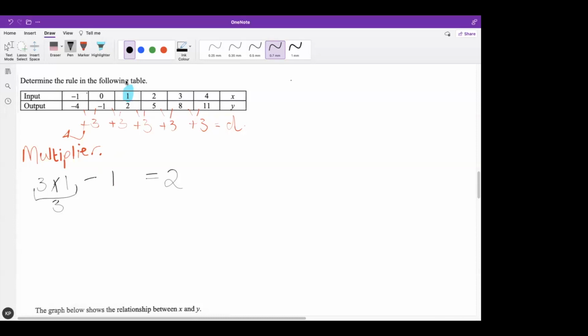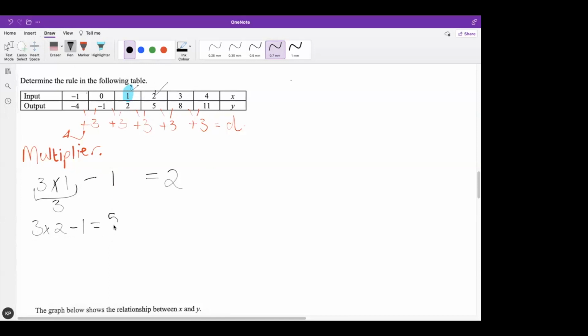Okay, so we tested it with an input of 1. Let's use this new method with a different input. Let's use the input of 2. So if I say 3 times 2 minus 1, how much do I get? What's 3 times 2? Minus 1 is 5.